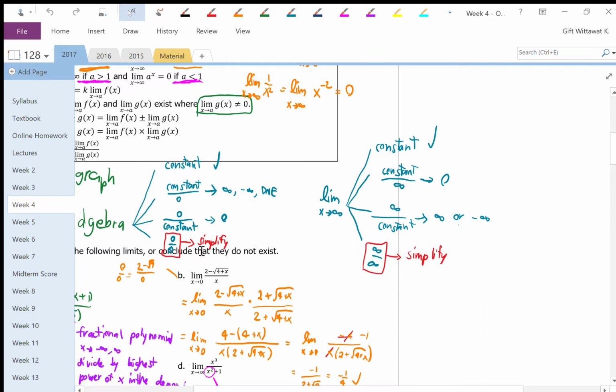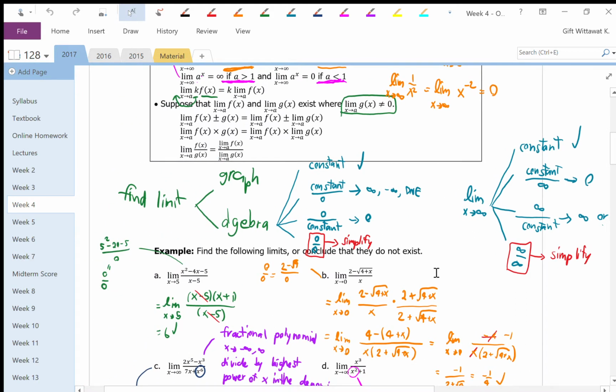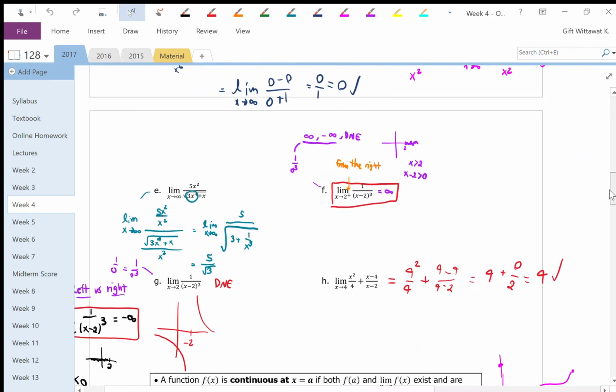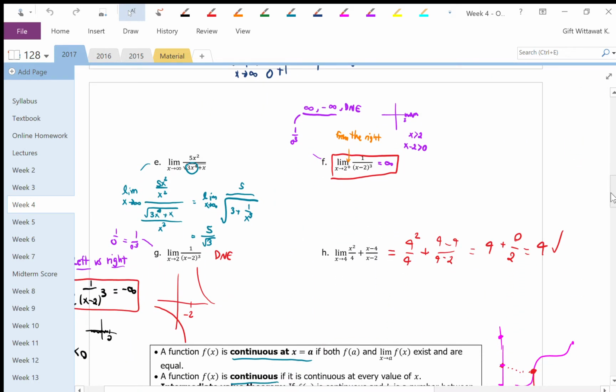At the beginning of the semester, when we don't have many tools yet, the only way we can deal with this kind of tricky situation is to simplify or rely on some algebraic properties to actually do the limit.